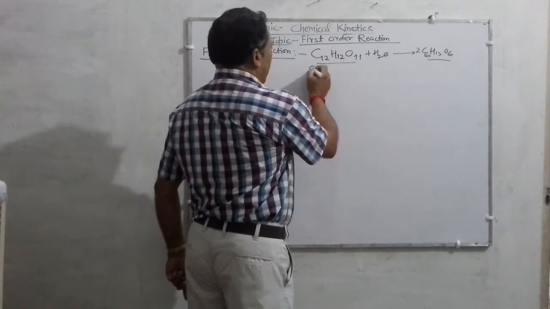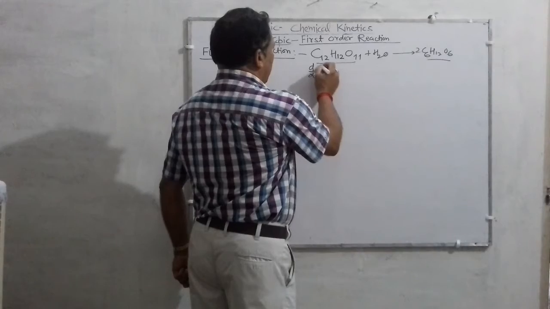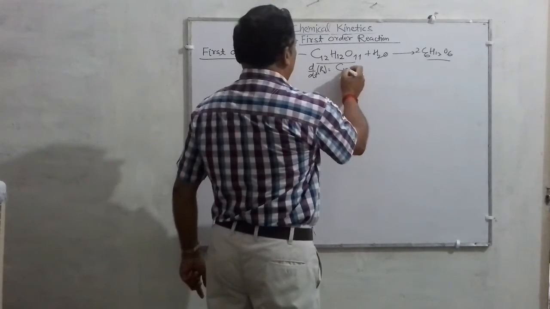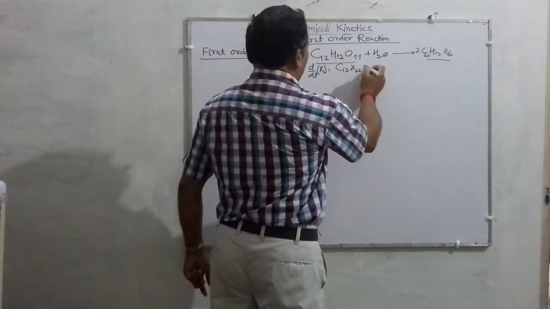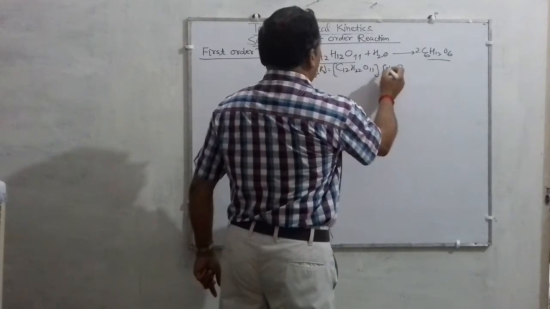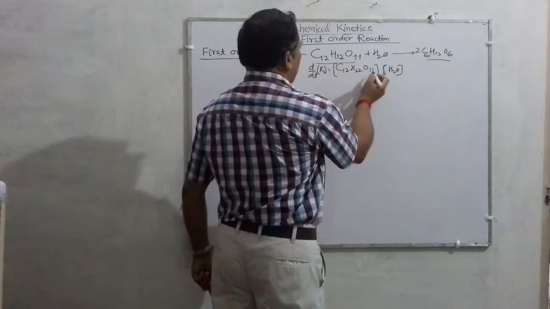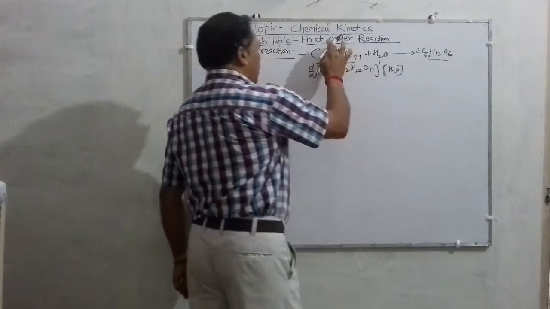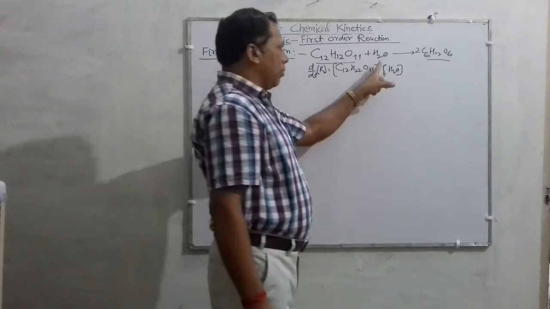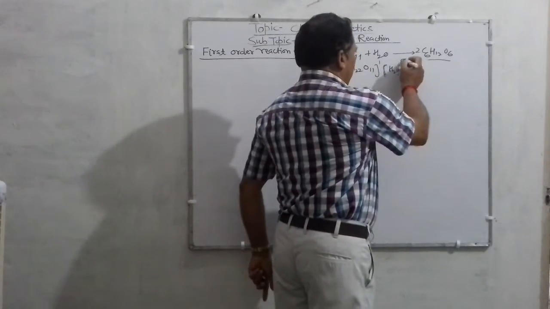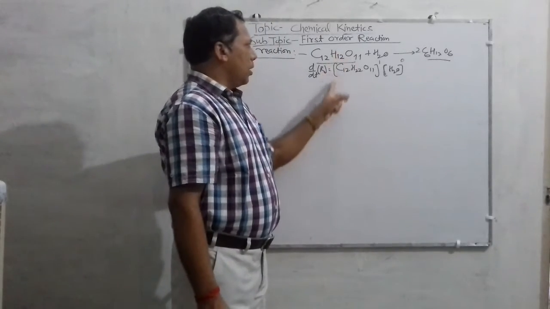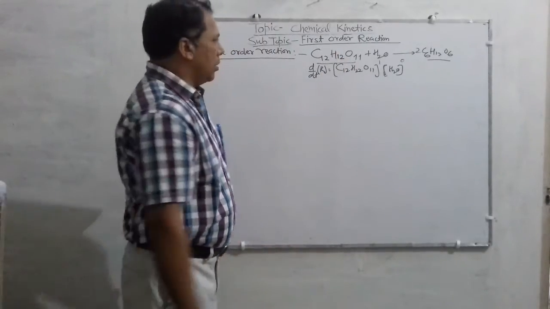If you find its rate for this reaction, it depends on the concentration of C12H22O11 and the concentration of H2O. In this case, only the concentration of C12H22O11 changes, with power one, and the concentration of water doesn't change. So this is an example of a first order reaction.